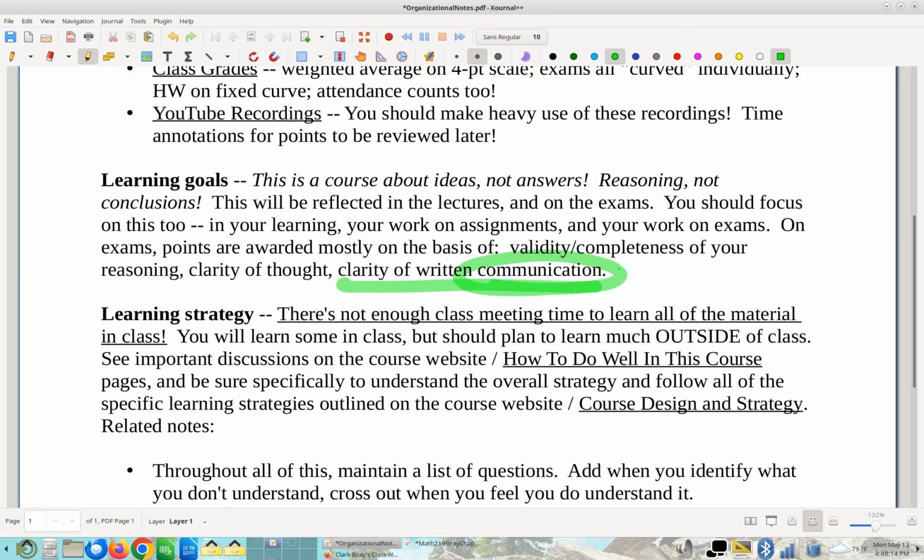I can't get around that fact. But also, I want you to keep in mind that being able to communicate mathematical ideas in writing is itself independently a very important skill.